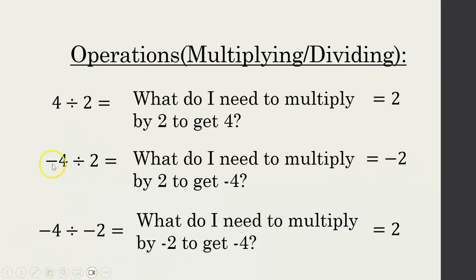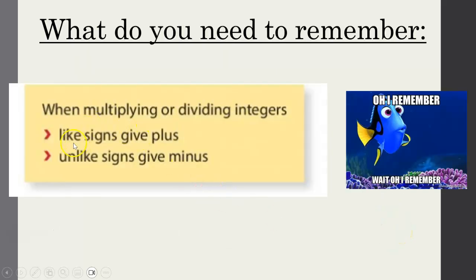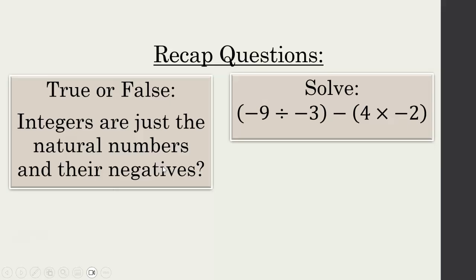They're unlike signs, they're not the same signs. Now this time I have two negative numbers. Well, yeah, it's going to be positive. So when multiplying or dividing integers, this applies for only multiplying and dividing. Forget subtracting and addition, not the same thing. Like signs give plus, unlike signs give a minus.